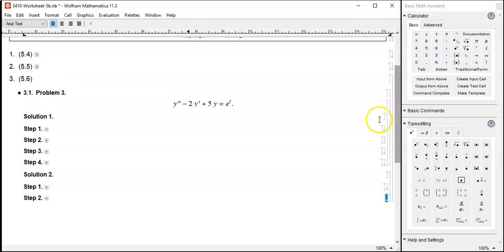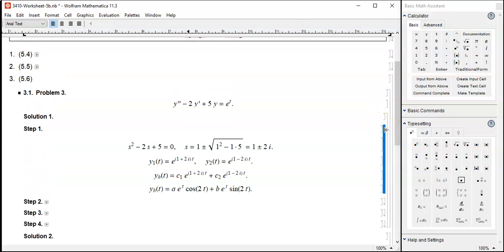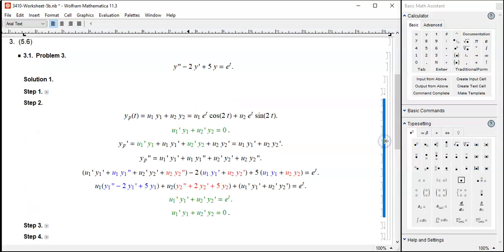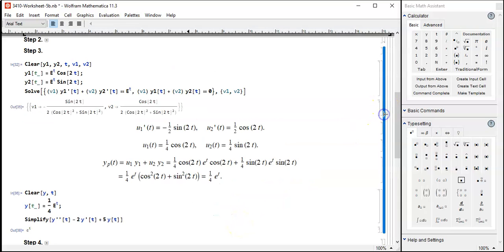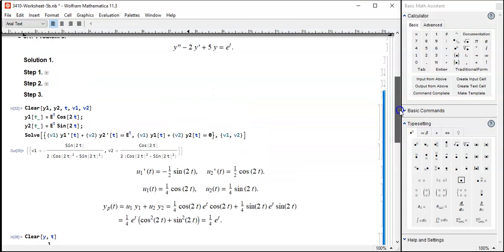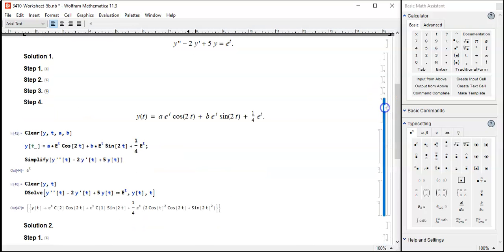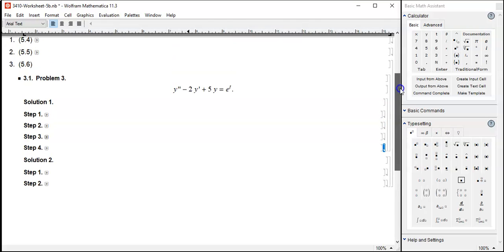Okay, variation of parameter, it looks like this. Homogeneous part, you have to do it anyway. Step 2, variation of parameter computation. And then step 3, solving the system of linear equations. Here, I use computer algebra system, but it became this complicated. And then final answer here. And then we have some checking process as well.